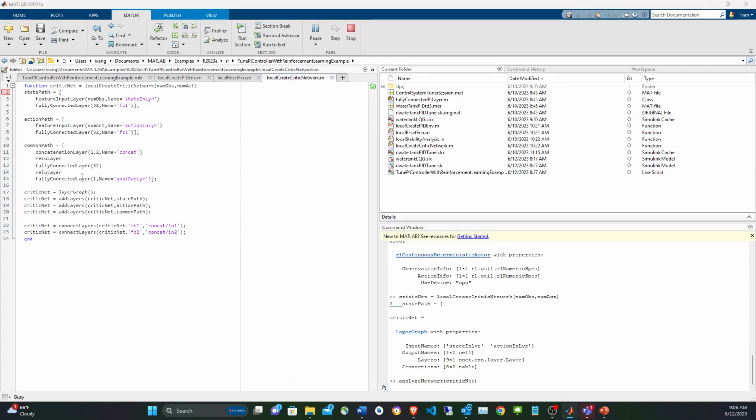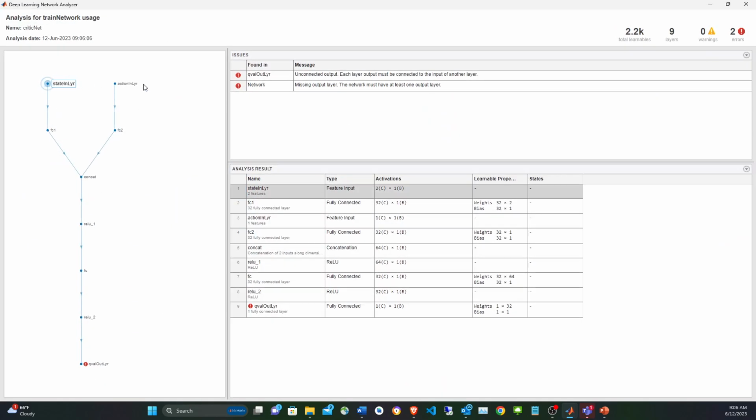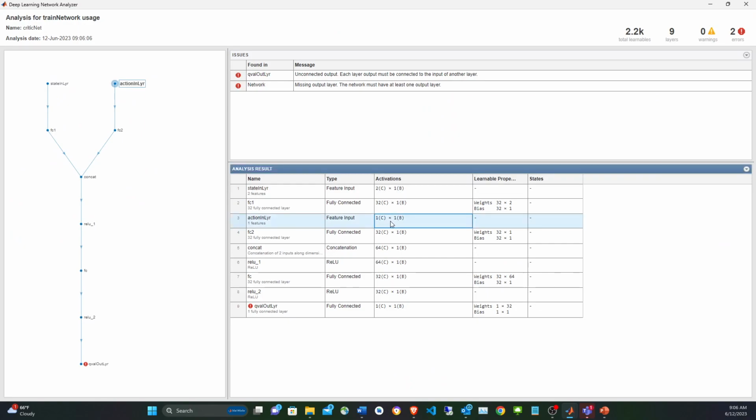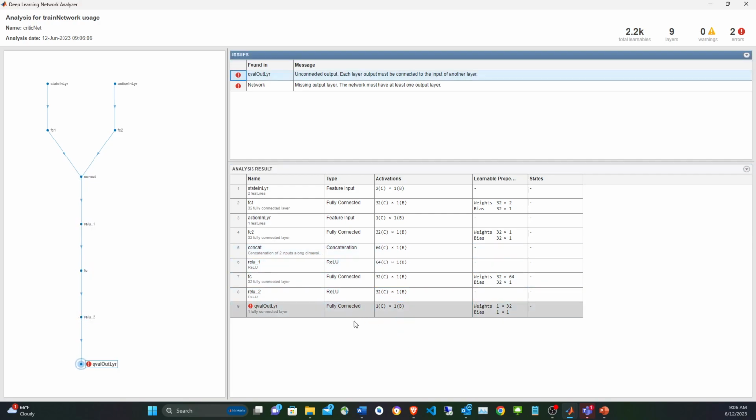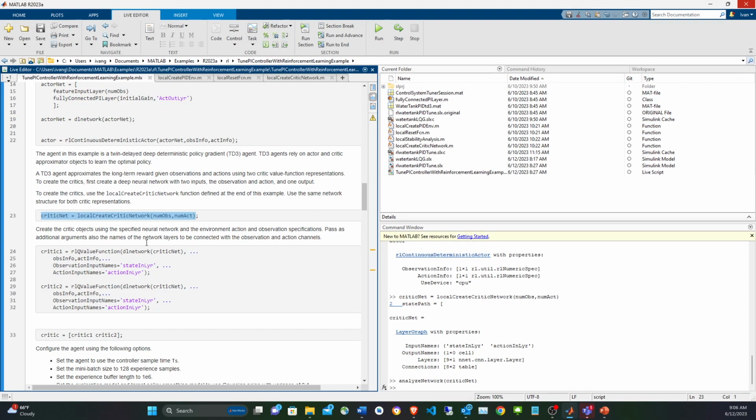It's not different from other examples that we have seen: we have the observations with two elements, the actions, and the fully connected layers for each branch are 32, so that they can be concatenated in one dimension. So now we have 64, and then we turn it to 32 and eventually to 1, which is the long-term reward.